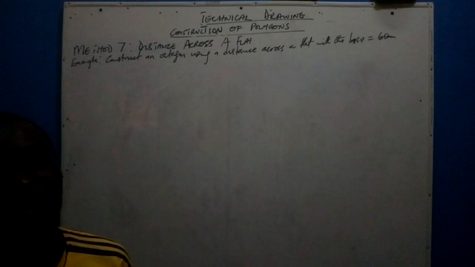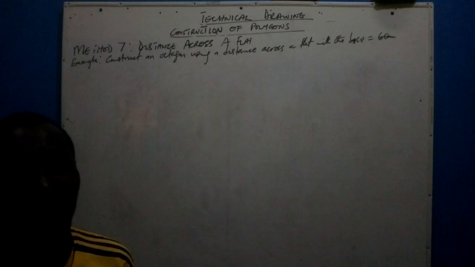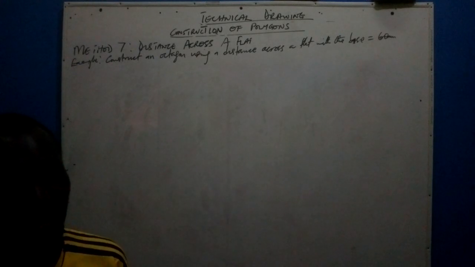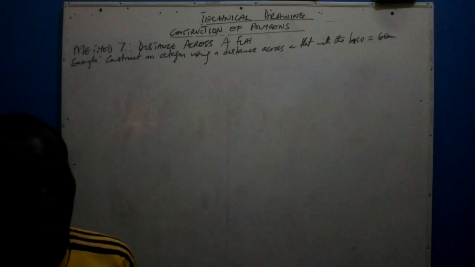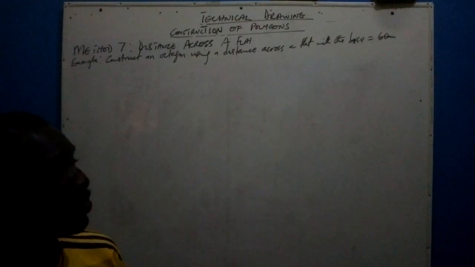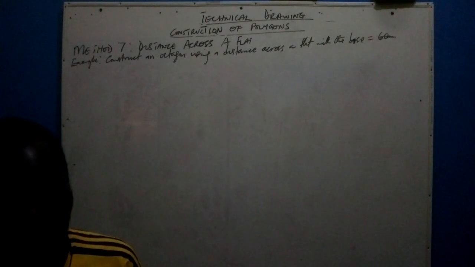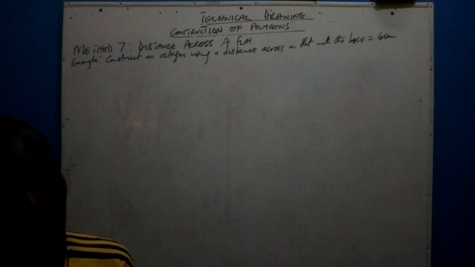The interior angle will not be given to you, but you should know that a square's interior angle is 90 degrees, the same as a rectangle. Now you base on that to construct the square, either using the compass or the protractor.